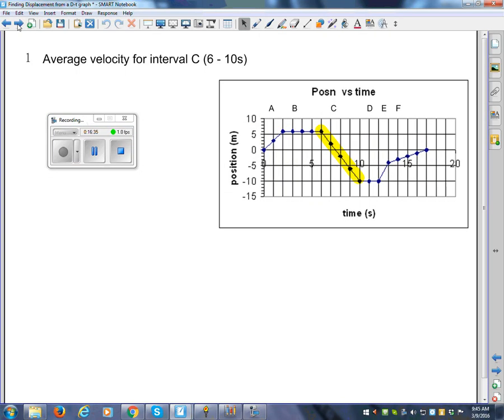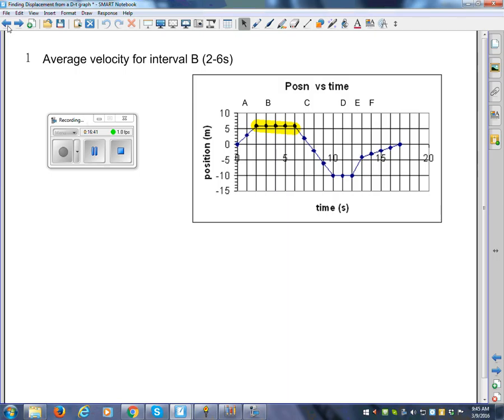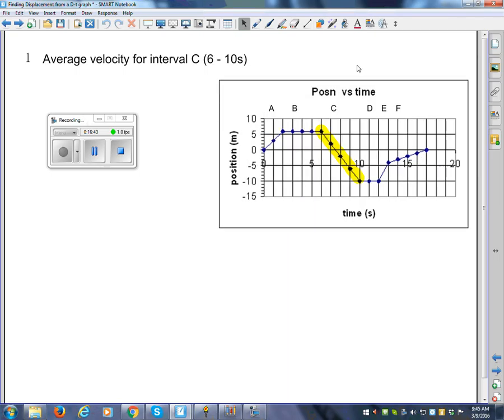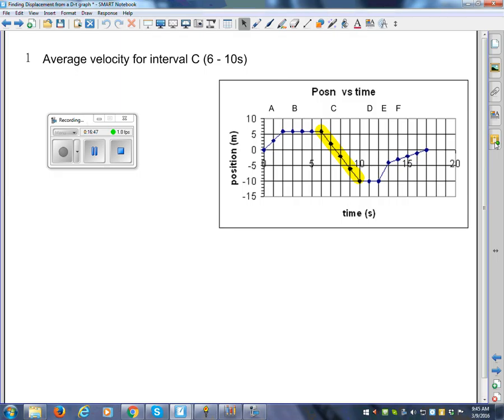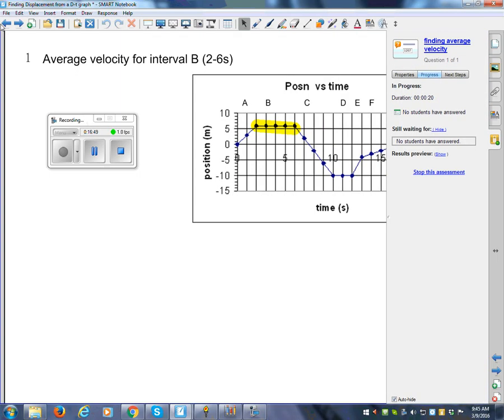It starts on B. Oh, it looks like these are individual questions, are they? Okay, let's do B first, and then I'll give you the answer, and then we'll move on.